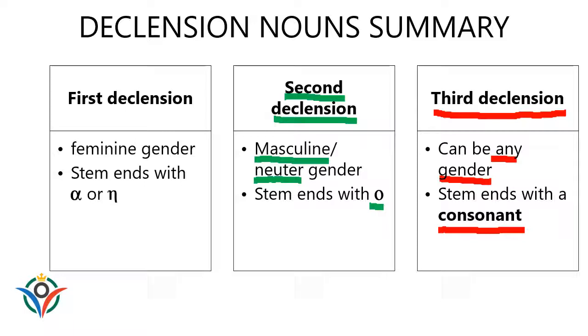But in today's lesson, we are going to now focus on learning the first declension noun endings. And just to set the stage for our discussion, first declensions have feminine genders, and their stems end with alpha or eta. So let's speak about the first declension noun in more detail.